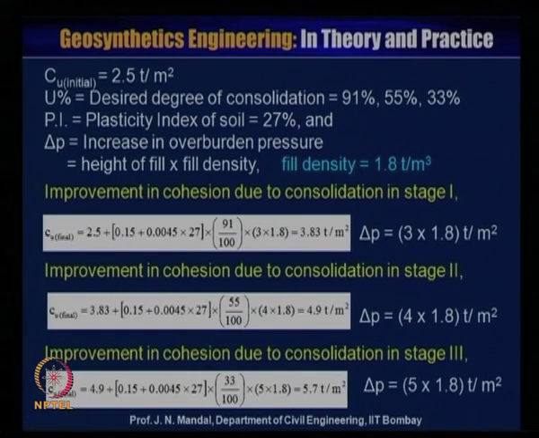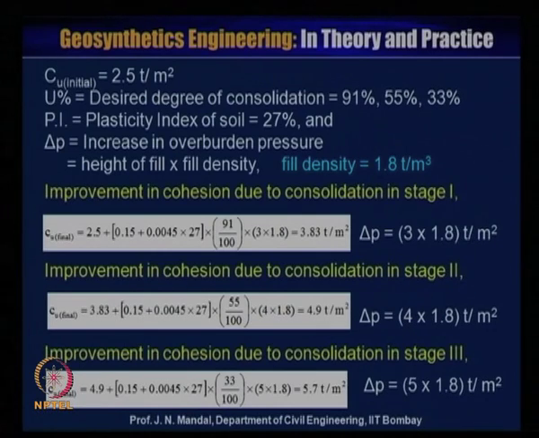Cu initial is given as 2.5 ton per meter square, where U is the desired degree of consolidation, 91%, 55% and 33%. PI is the plasticity index of the soil, 27%, and delta P is the increase in overburden pressure, equal to the height of the fill into the field density. Field density is given as 1.8 ton per meter cube.